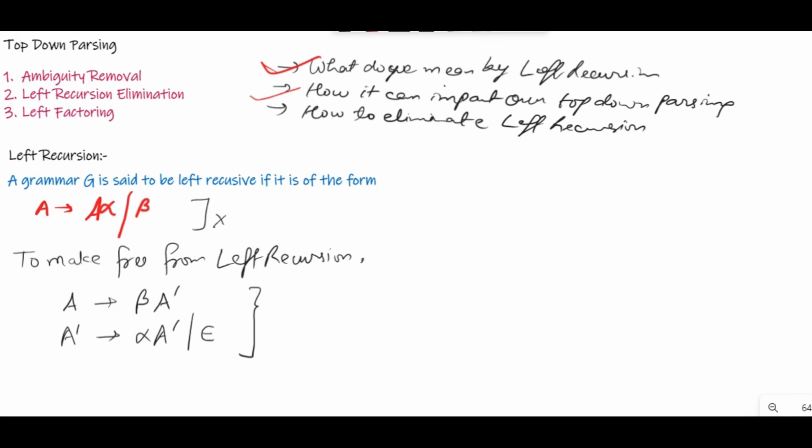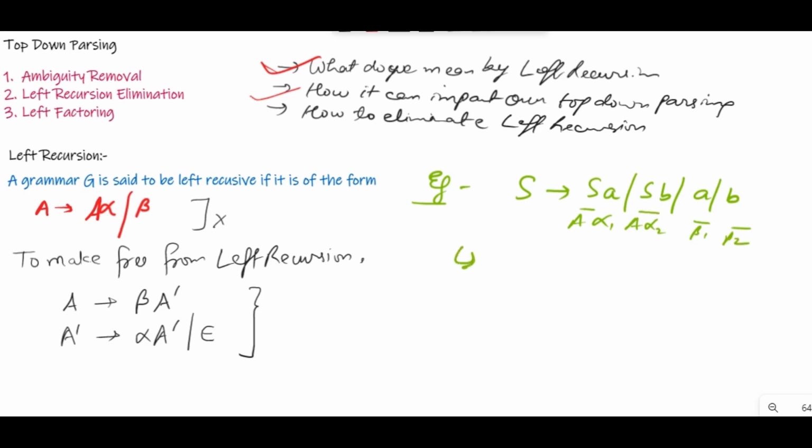Now let's consider an example for this. Let's suppose our given grammar is S tends to SA, SB, A, and B. In this case, we can see that this is of the form A alpha 1, A alpha 2, beta 1, and beta 2.